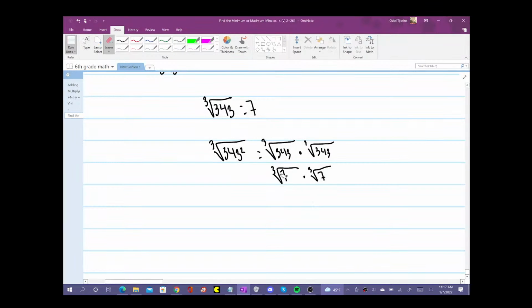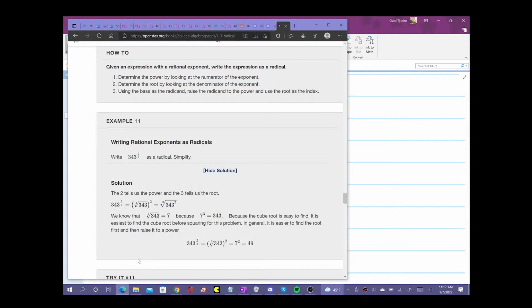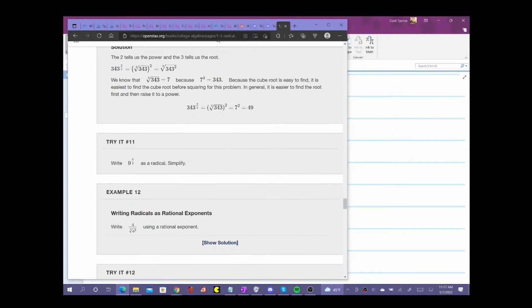Actually, I'm sorry, the cubed root of 343 is 7. So it's going to be 7 times 7, which is 7 squared, which is 49. Sorry about that, guys. It's been a while for me for these.